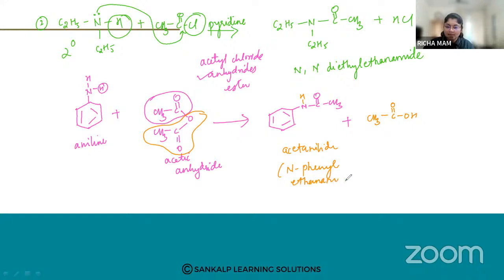And this is acetic acid. Is it clear? So this is our primary aromatic amine reacting with the acetic anhydride.